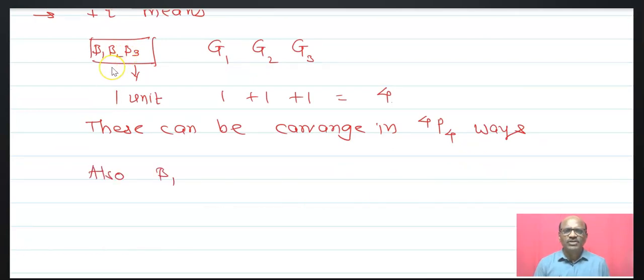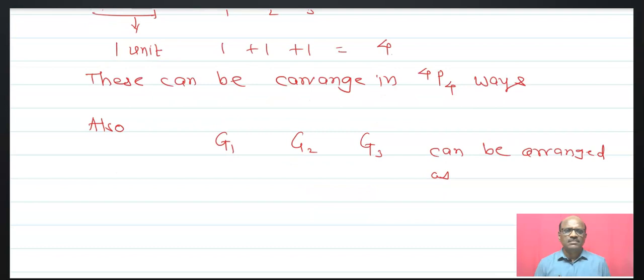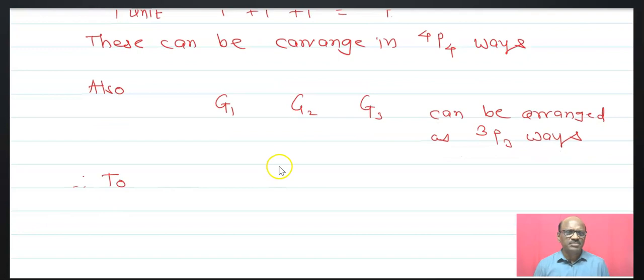Also, all these 3 boys, B1, B2, B3, can be arranged among themselves in 3P3 ways.